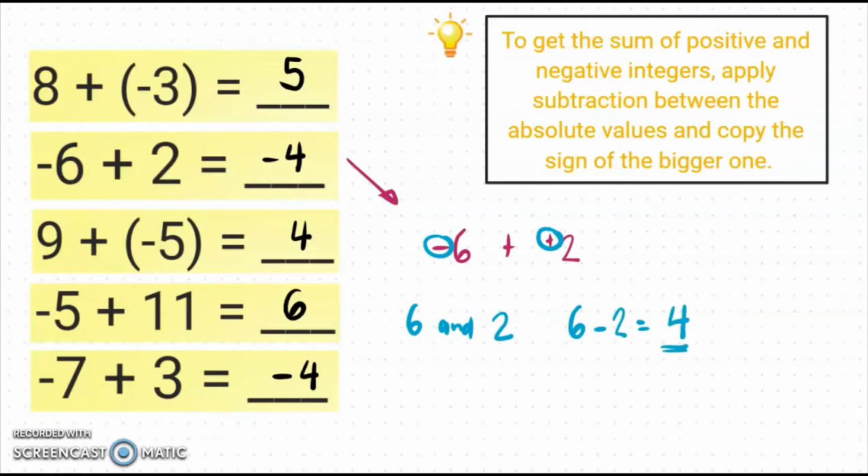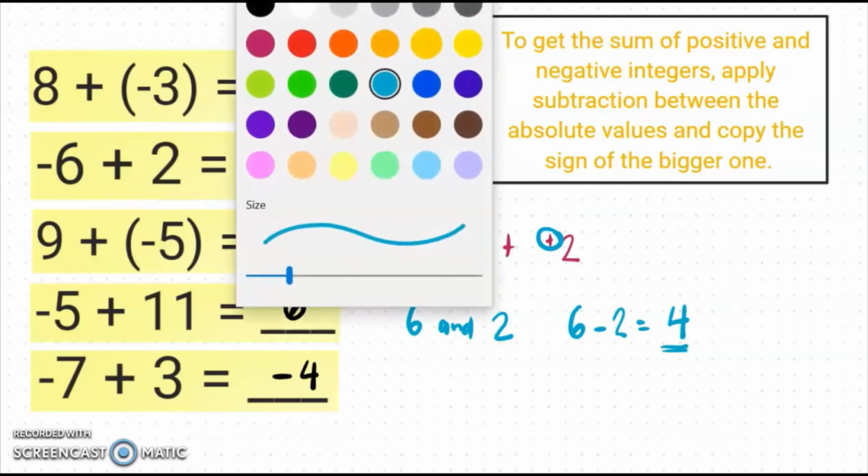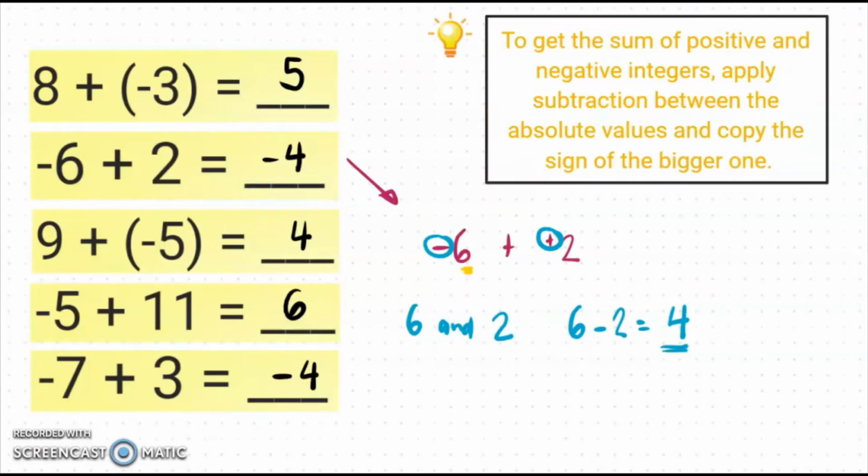But what is the sign of our final answer 4? So we go back here, we see that the bigger absolute value is 6, right? 6, the absolute value 6 is bigger than the absolute value 2. And we see that the original sign of this 6 here is a negative. So we take that sign. So the answer here is negative 4.